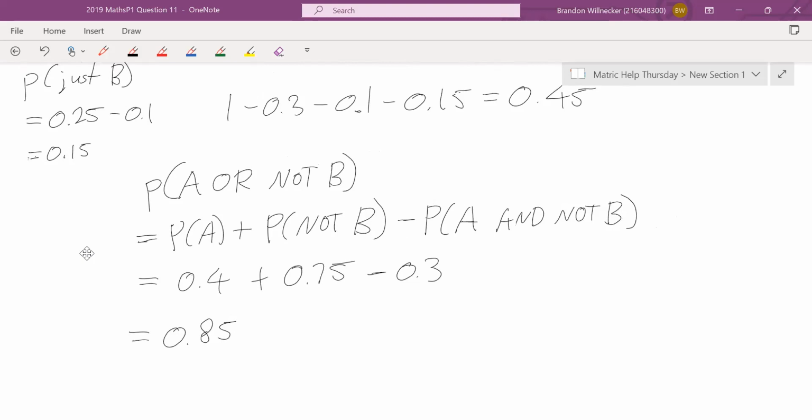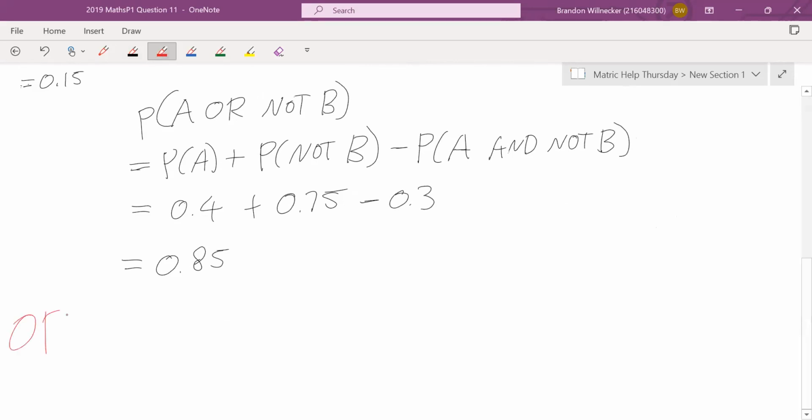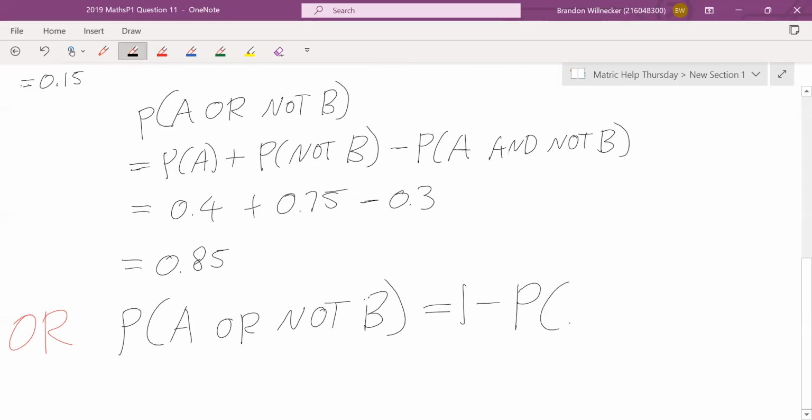So this is a method whereby we split the probability into simpler probabilities. However, we could do this another way. So let's just put here, an alternate method: the probability of A or not B, same as what we had before, is equal to 1 minus the probability of just B. That's the part of the Venn diagram with no other intersections there.